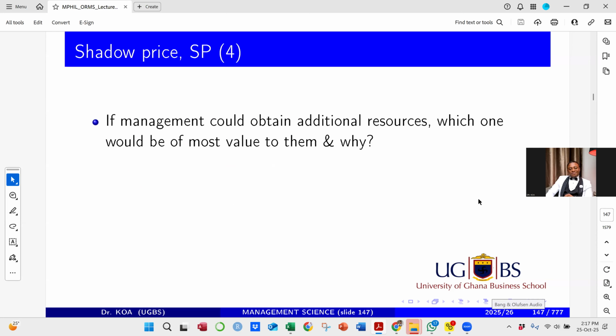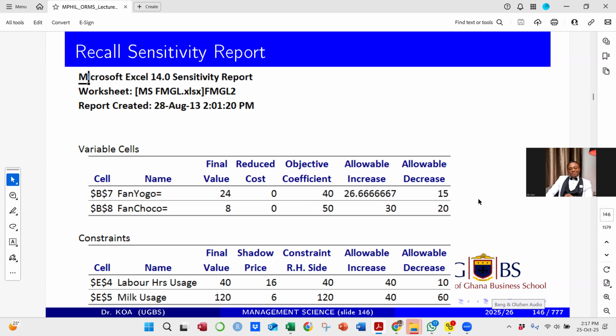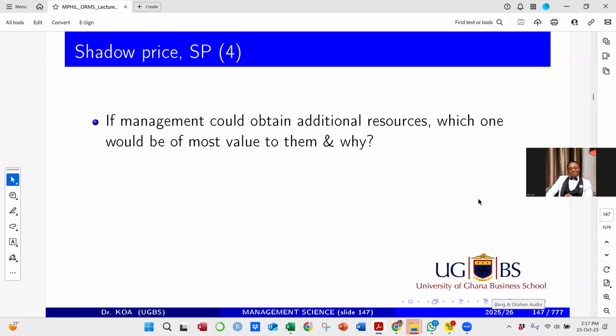So let's go to the question here. If management could obtain additional resources, which one would be of most value to them and why? Yasin?